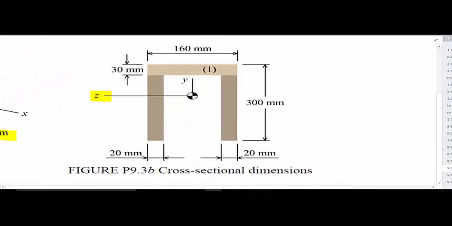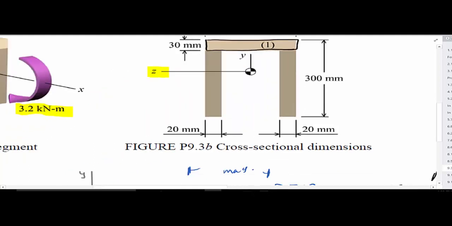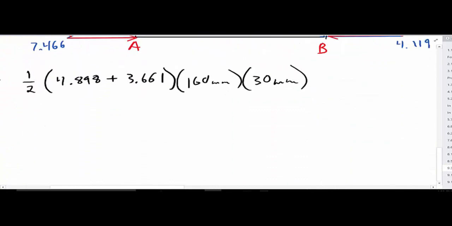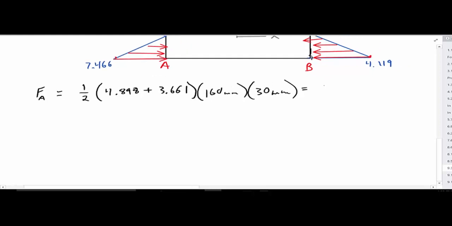When I said section 1, that's this section here, okay? That's the area of that. So calculating this out, the resultant force acting on section 1 is 20,542 newtons, which equals 20.5 kilonewtons, and we determined that was in tension already.